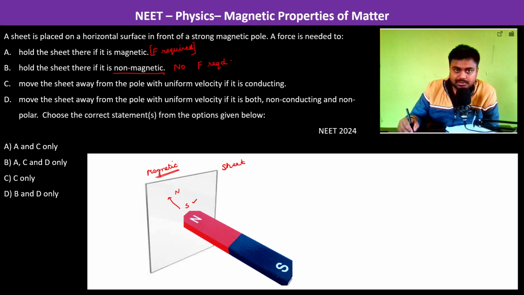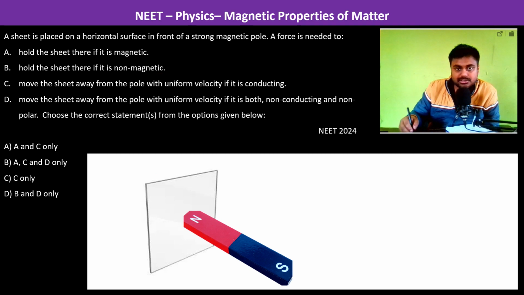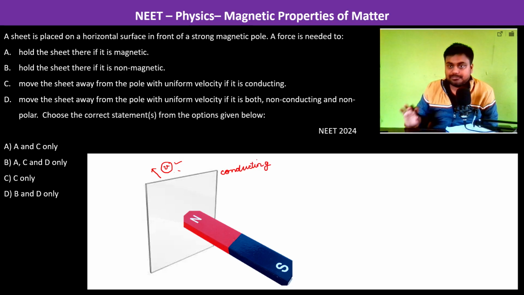C, move the sheet away from the pole with the uniform velocity if it is conducting. Yes, here in the C part, if you see, move the sheet away from the pole. Okay, so the sheet is basically moving away from the pole and velocity is uniform, and it is a conducting thing. Now conducting means that there is possibility of current can flow.